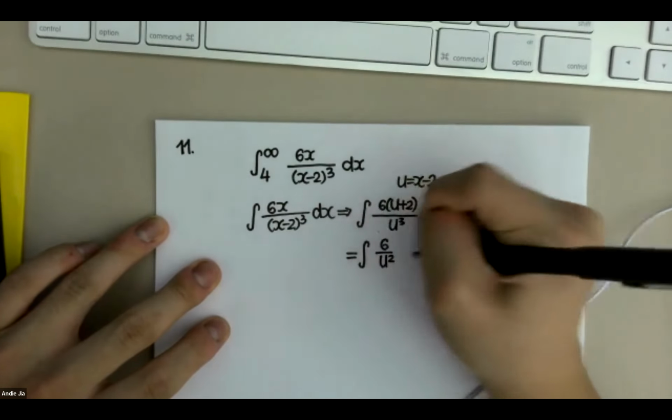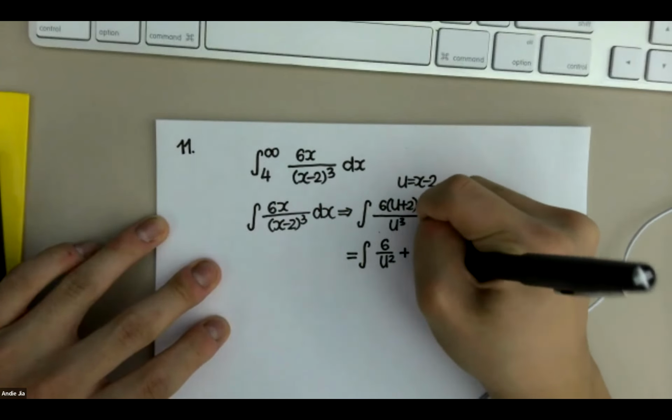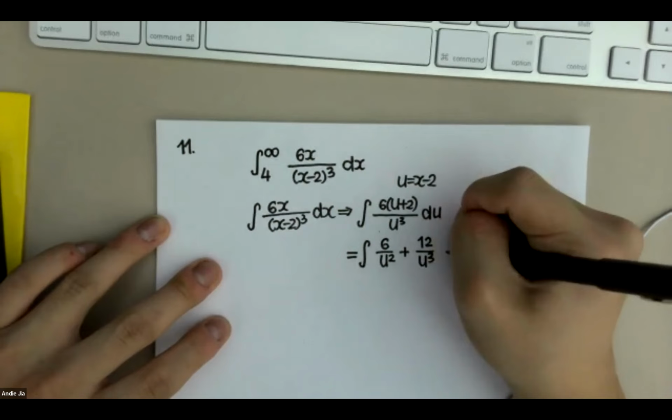That's going to be 6 over u squared plus 12 over u cubed.